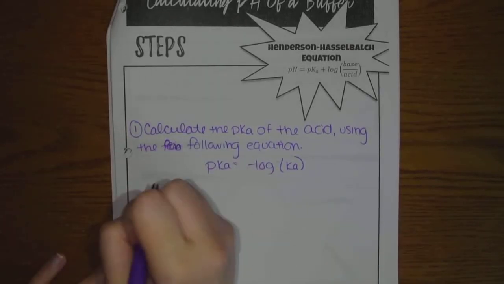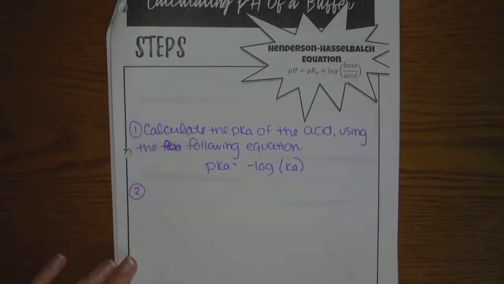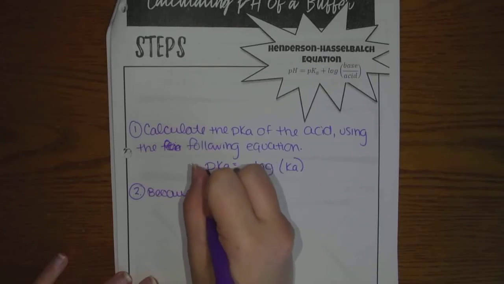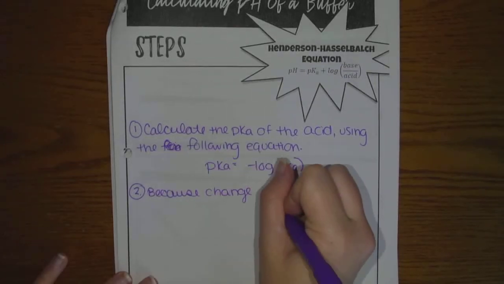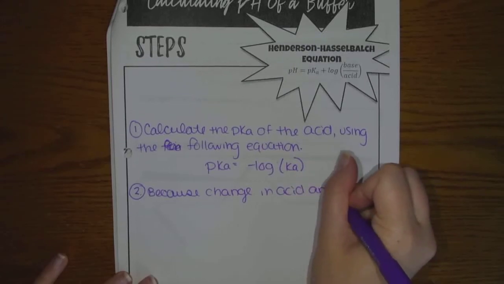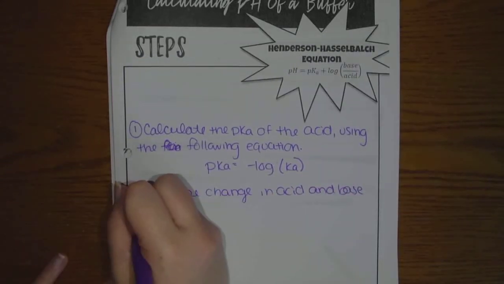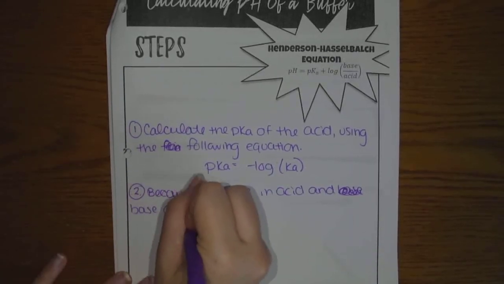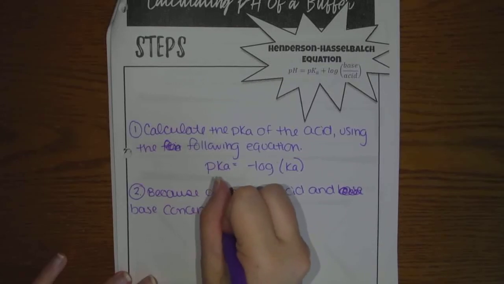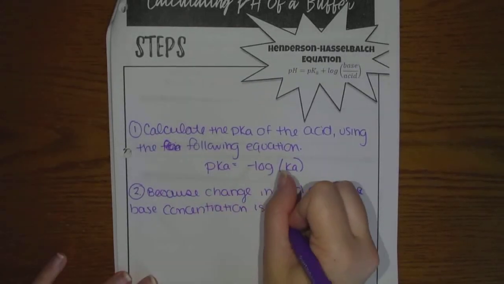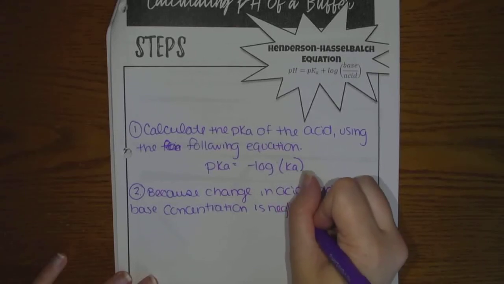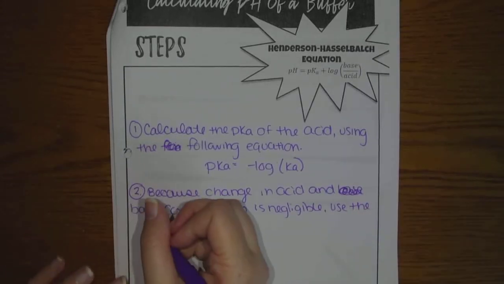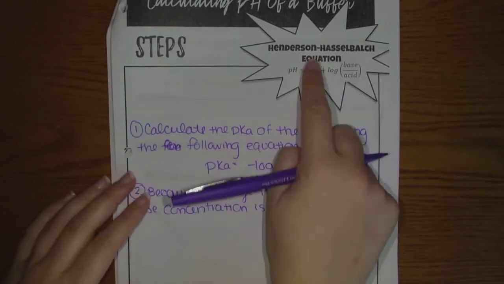So therefore, we can assume, because our change is small, we're just going to use the initial concentrations of the acid and base in the Henderson-Hasselbalch equation.